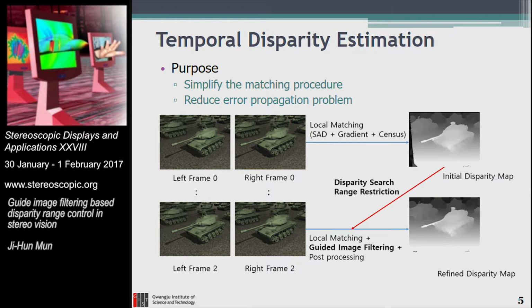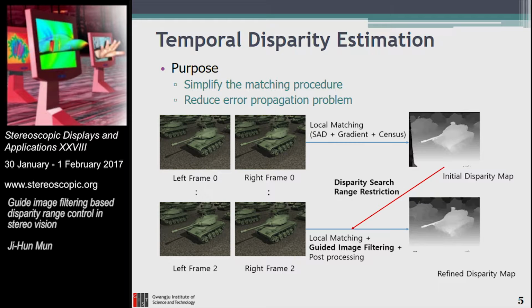This slide graphically explains our proposed method. The proposed method simplifies the matching procedure in this step because this initial disparity map restricts the disparity search range in this procedure, and also the proposed method reduces the error propagation problem.